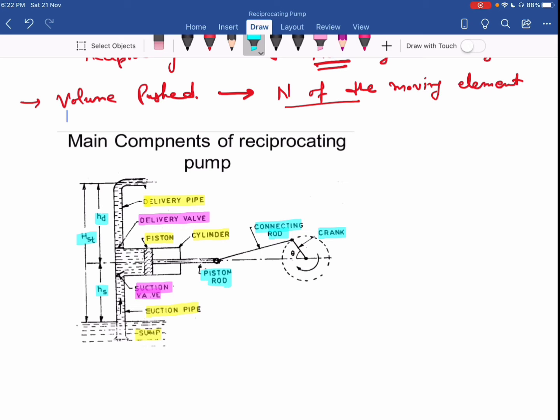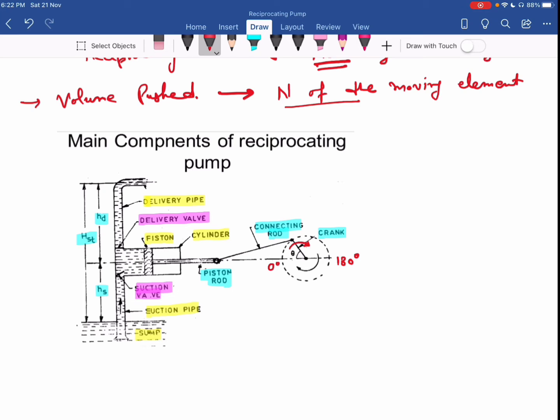Now here, the rotating element is our crank. This crank rotates from initially 0 degree to 180 degree, in the clockwise direction. When this crank rotates from 0 degree to 180 degree, our piston moves from extreme left to right.